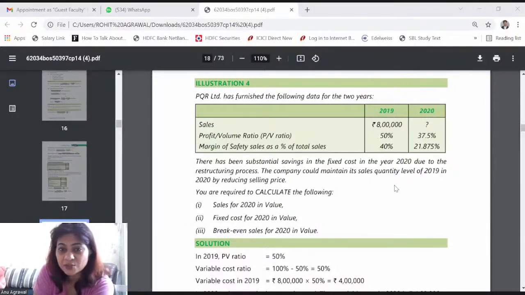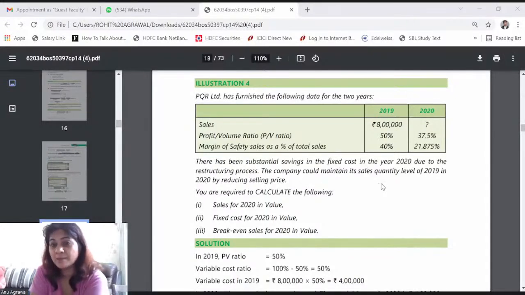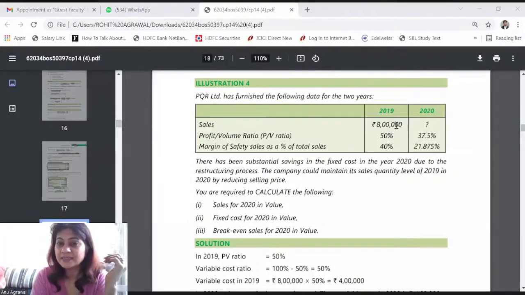They say it maintains its quantity level. Quantity level is same, then automatically it's a very logical thing that if quantity level is same, your sales value will reduce or not? Because you're reducing the selling price. So if you're reducing the selling price, the percentage of variable cost is increasing because quantity wise it's same.